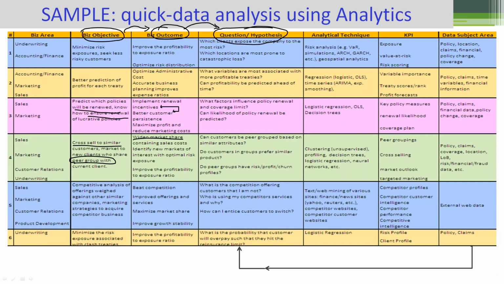The hypothesis is what factors will influence. Think about it: what factors will influence a renewal? What is the likelihood that a renewal can be predicted? Can customers and peer groups have similar attributes? Maybe age. Maybe you're all from a similar language. We all speak South Indian languages.